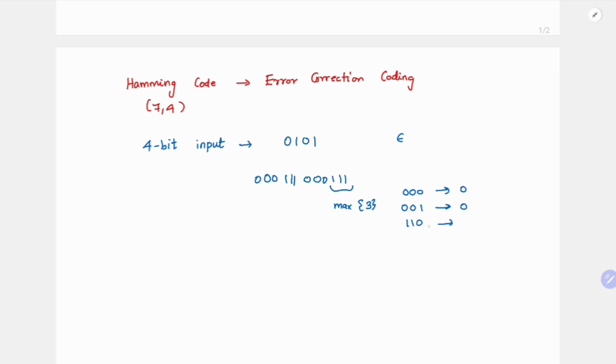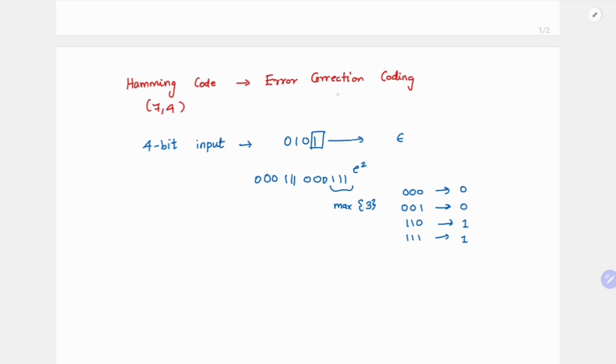If 2 are 1 and 1 is 0, I'll take it as 1. Whichever occurs the maximum number of times, I'll take that one. In this way, I'm reducing the error. Here, for each of them, the probability of error is epsilon. But the probability that any two of them will be flipped will be of the order of epsilon square. So I'm reducing my error in this way.